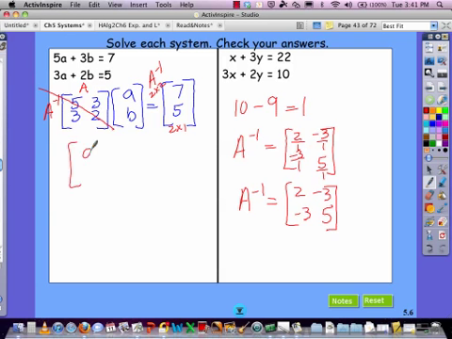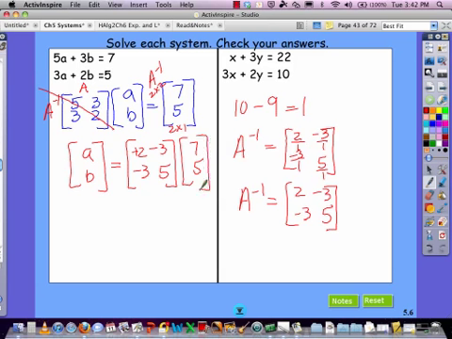And that'll leave our AB on the left-hand side. Our coefficient matrix will now have to be multiplied by the inverse, and I'm going to put that matrix down. 2, negative 3, negative 3, 5, times our constant matrix, which was 7, 5.